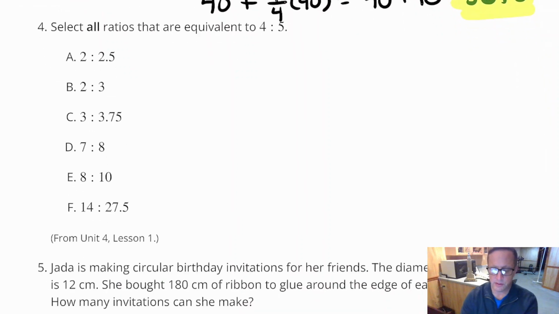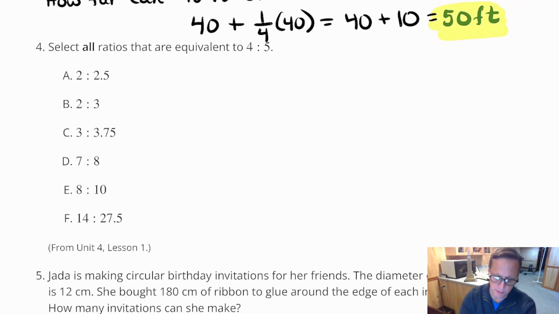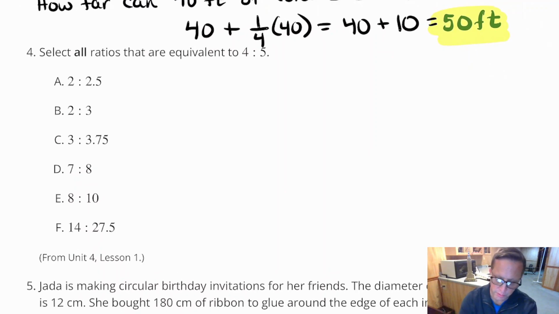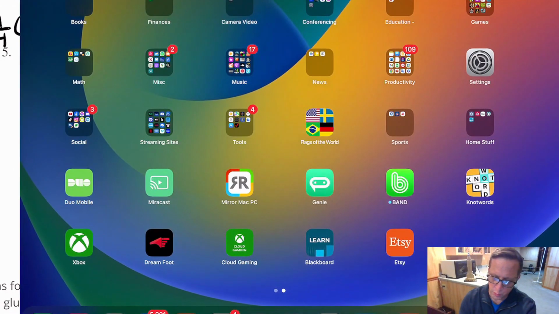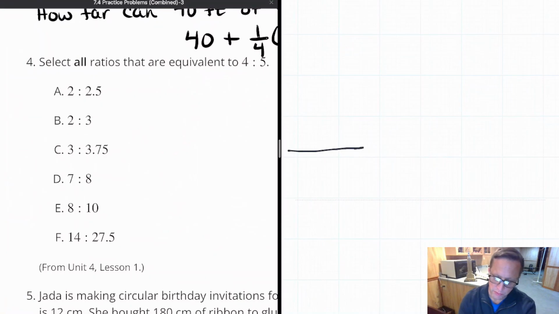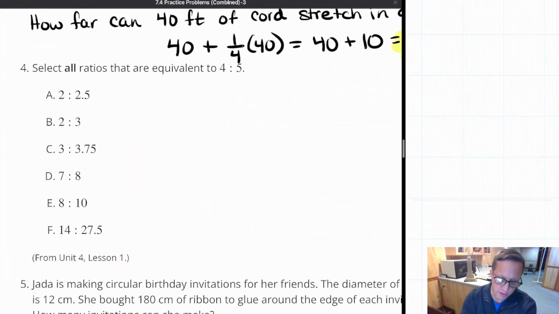All right. Number 4, select all ratios that are equivalent to 4 to 5. Now what I want to do for this one, and I don't know if I'm doing it too early, but let's go ahead and do it, is set up proportions here. Because this is asking us for all ratios that are equivalent to 4 to 5.